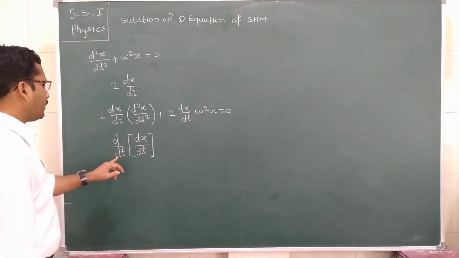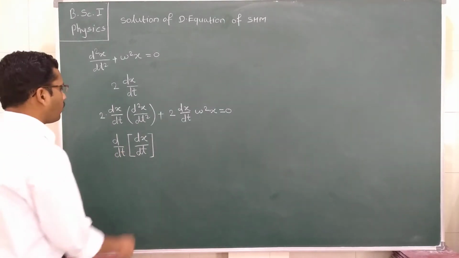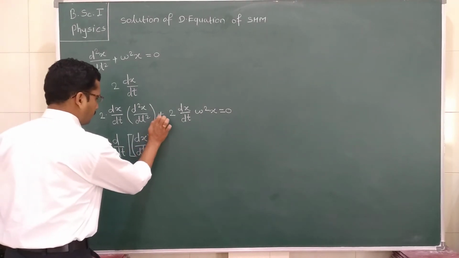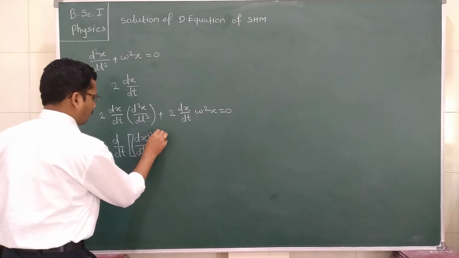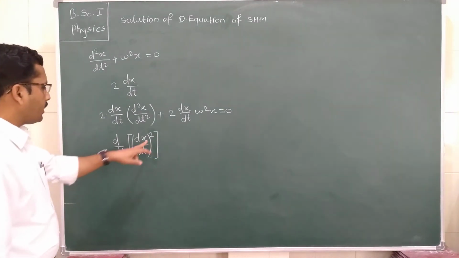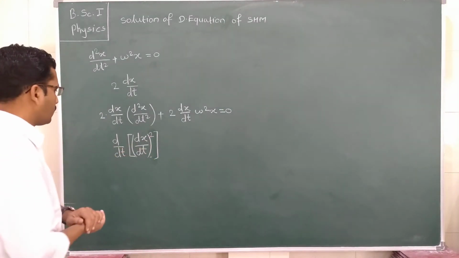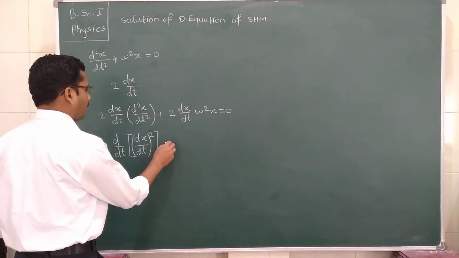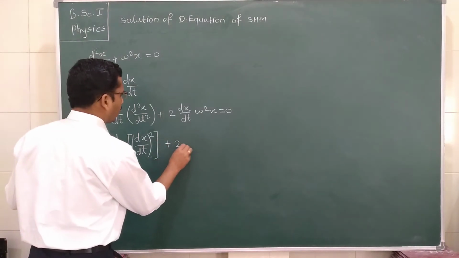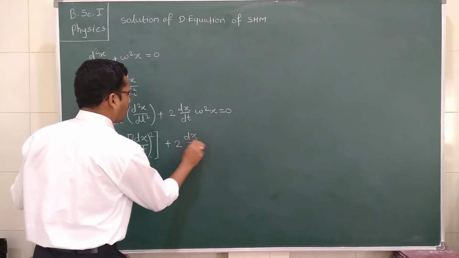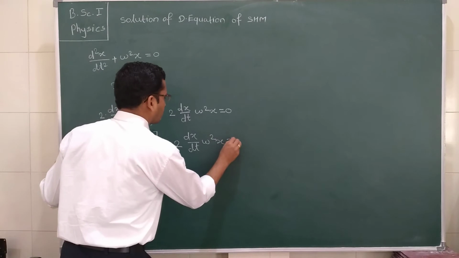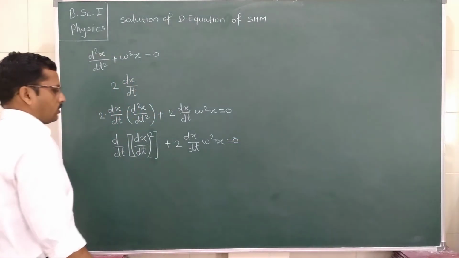This is nothing but the derivative of dx by dt squared, plus twice dx by dt into omega square x is equal to 0.